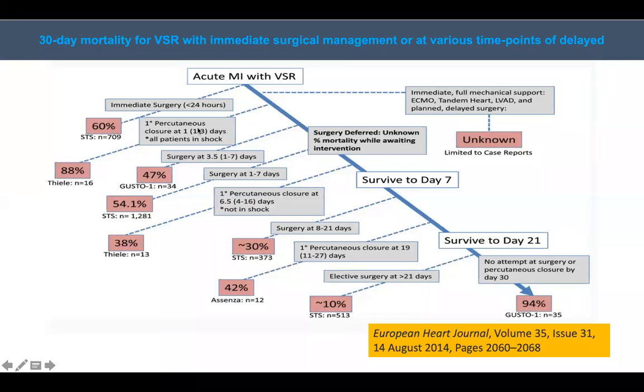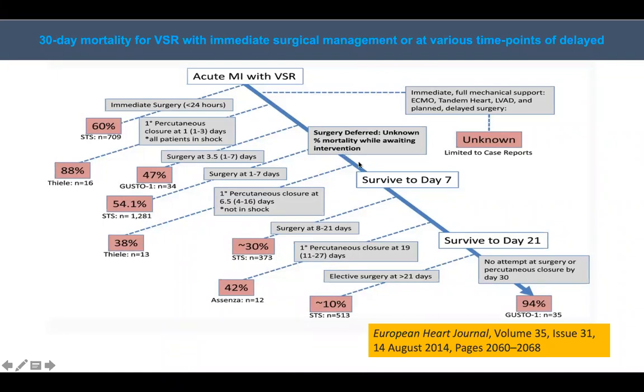And if you do percutaneous in the first couple of days, it shows an 88% mortality. If surgery is done within the first week, the GUSTO trial showed 47% mortality. In STS, surgery between 1 to 7 days shows 54%. And percutaneous, if you do it up to 2 weeks, the mortality comes down to 38%.